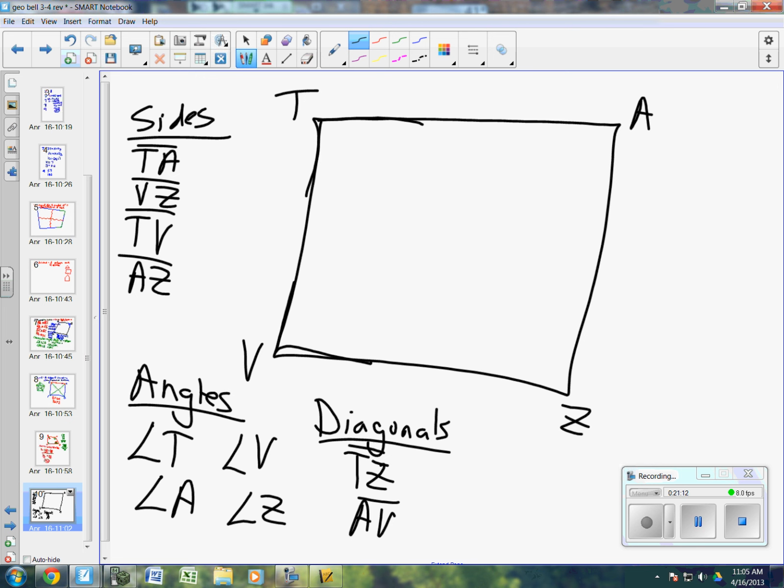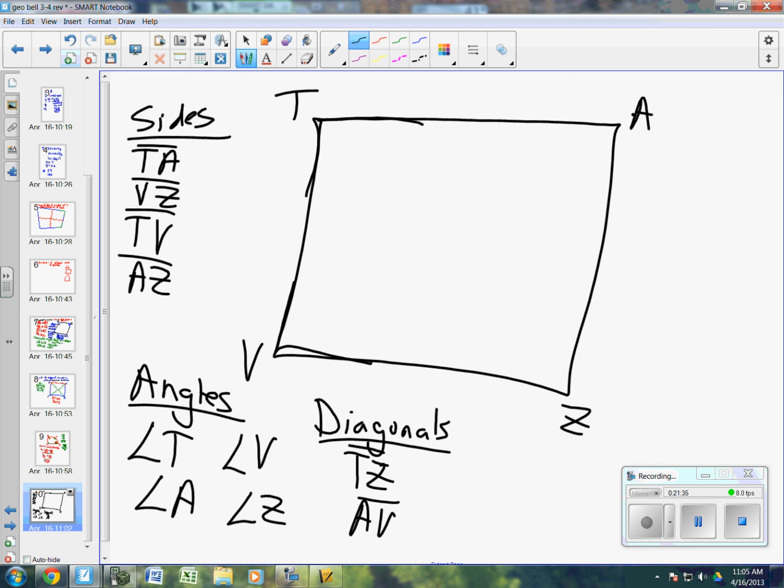Name me non-consecutive vertices. A, V are non-consecutive vertices. What's another pair of non-consecutive vertices? T, Z. Now, your next problem, which you're going to do on your own, is going to ask you to name a pair of non-consecutive vertices and then name the diagonals.